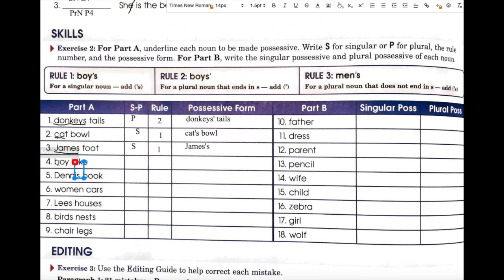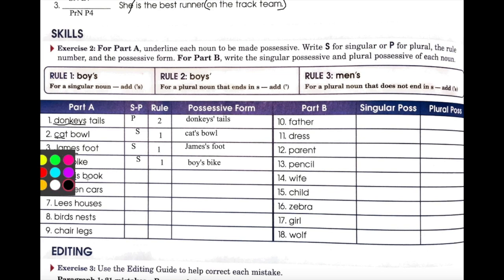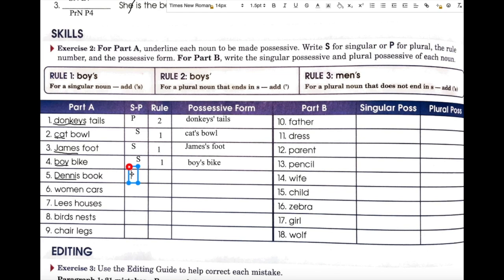Number 4, boy bike. Underline the noun boy. Is it singular or plural? It is singular. Follows rule number 1. So we write boy apostrophe S, bike, boy's bike. I forgot to write foot up here. I'll fix that. Number 5, Dennis book. Underline the noun, Dennis. Is it singular or plural? It is singular.